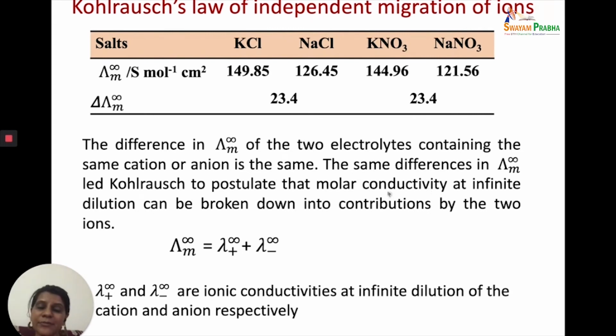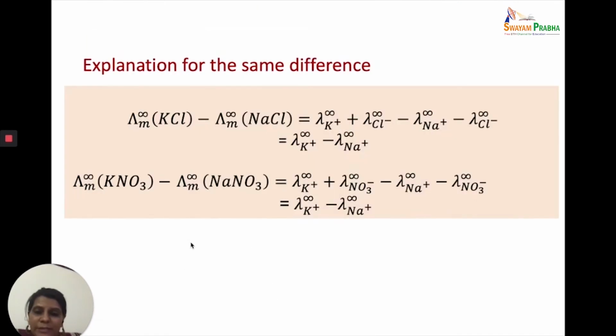This same difference in lambda m infinity led Kohlrausch to postulate that the molar conductivity at infinite dilution can be broken down into contributions by the two ions, the cation and the anion. So lambda m infinity of an electrolyte is the sum of the lambda infinity of the cation plus lambda infinity of the anion. This symbol represents the cation and anion, and this symbol represents the electrolyte.